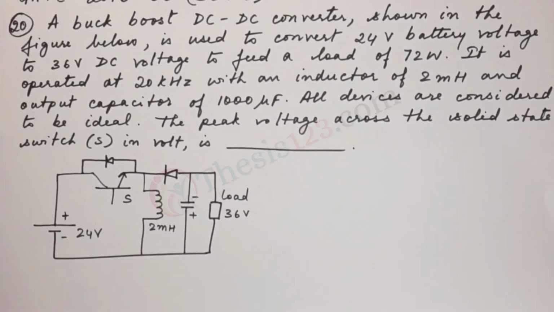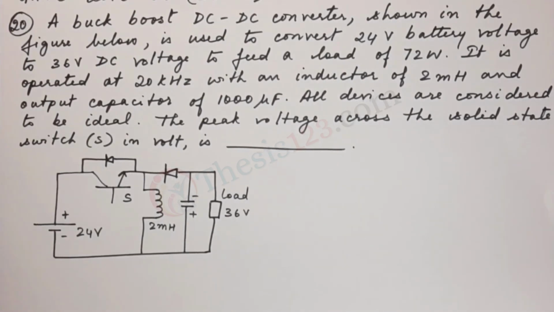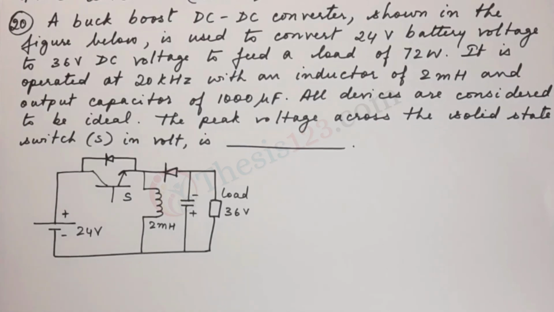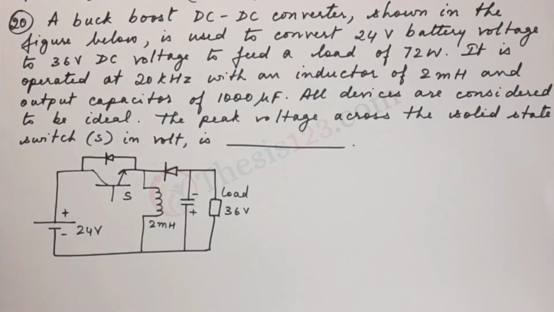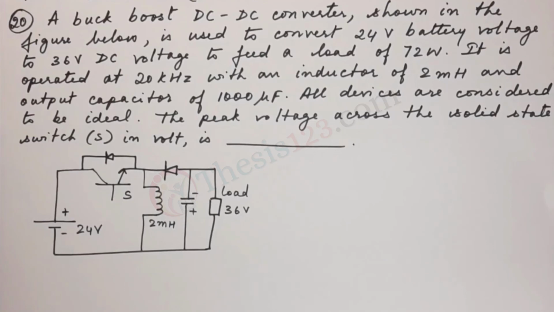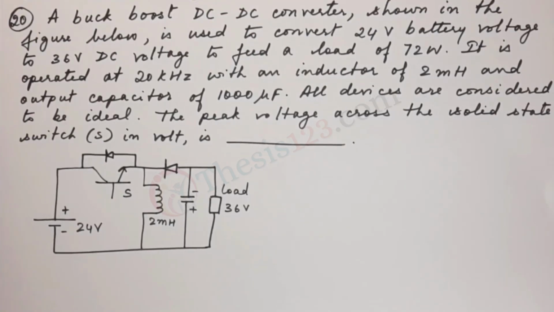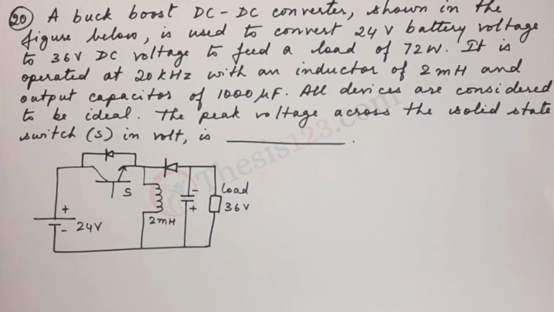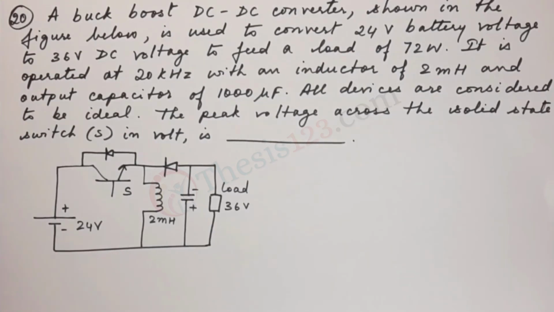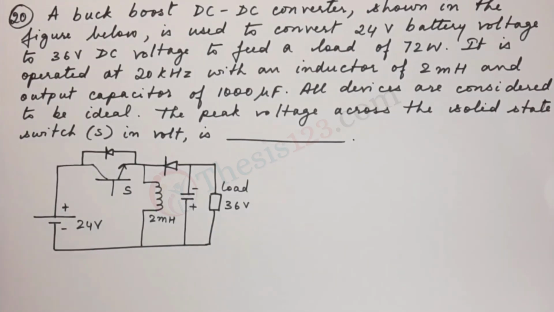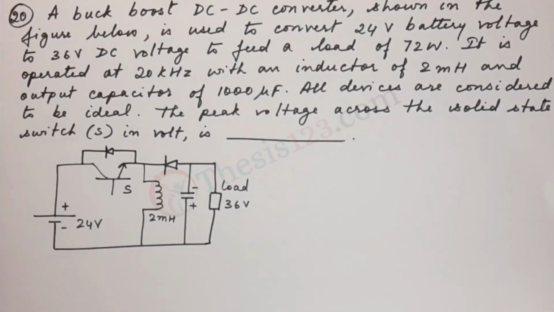Sometimes the circuit and the information given in the question is quite large, but you will have to try your best to break it down so that it becomes quite simple. Here, they are talking about a buck boost DC to DC converter with a lot of information.